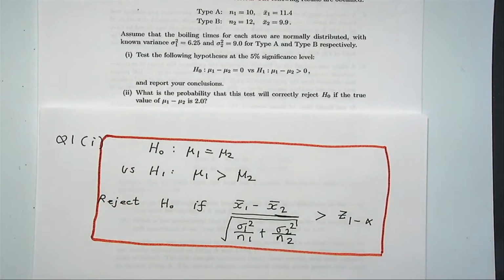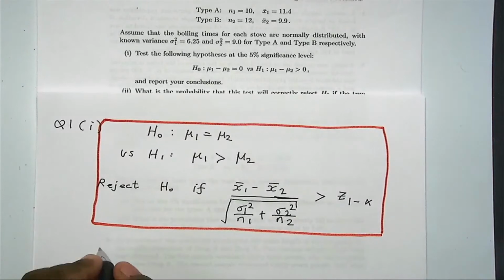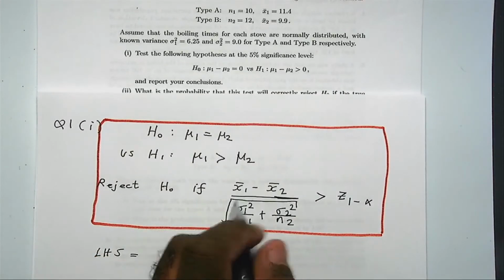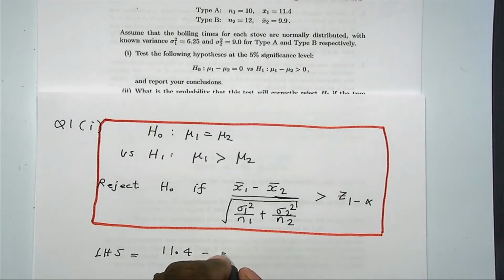So what I'm going to do is work out the left hand side and the right hand side and see whether this inequality is satisfied or not. Let's start with the left hand side. X bar 1 is given as 11.4. X bar 2 is 9.9.